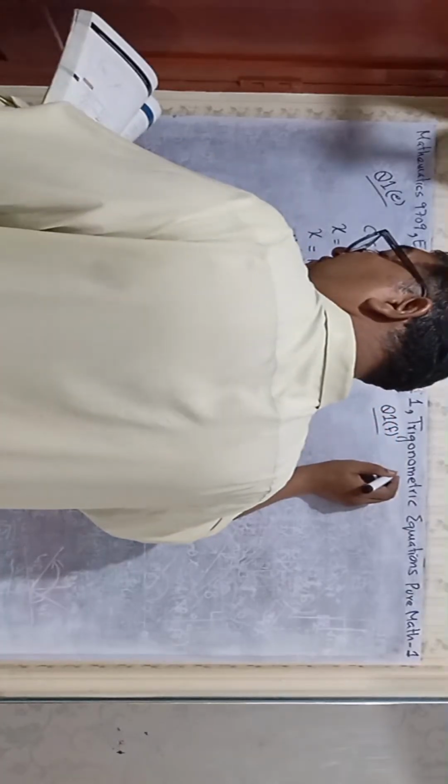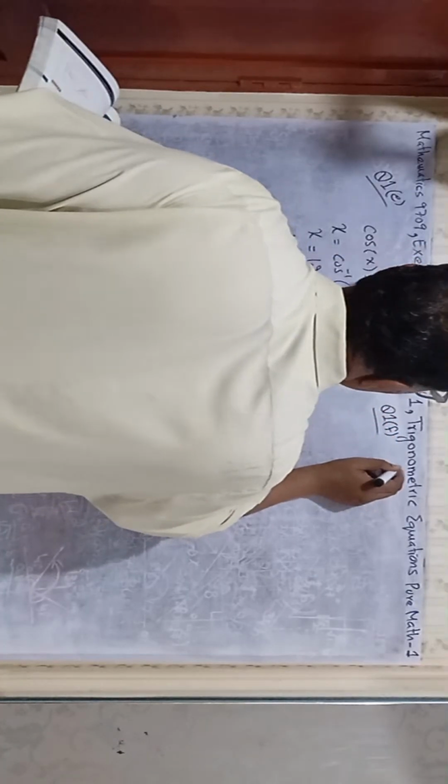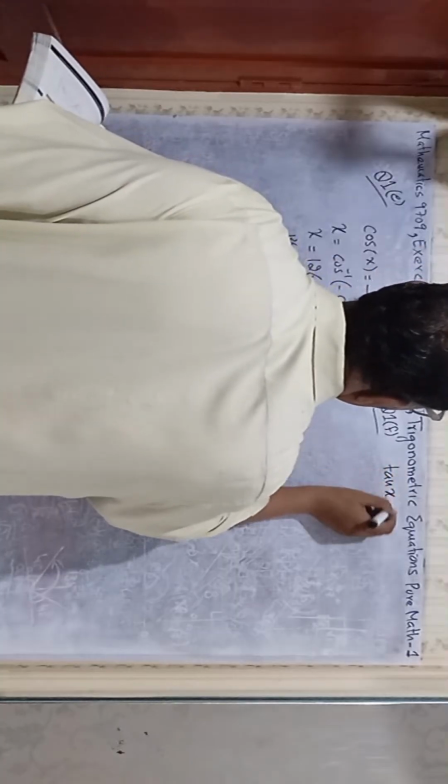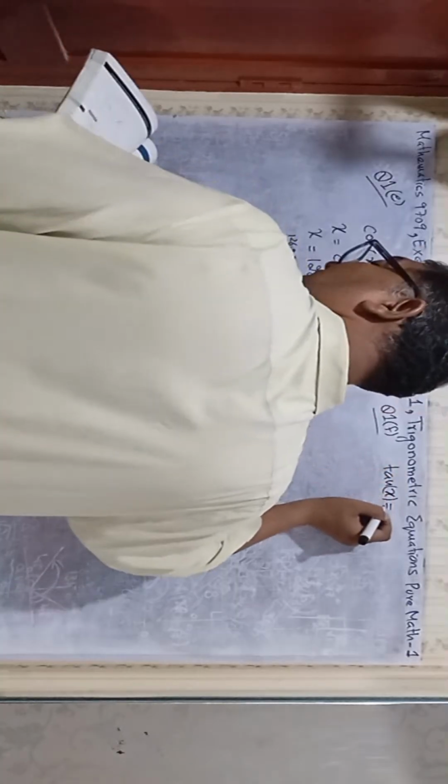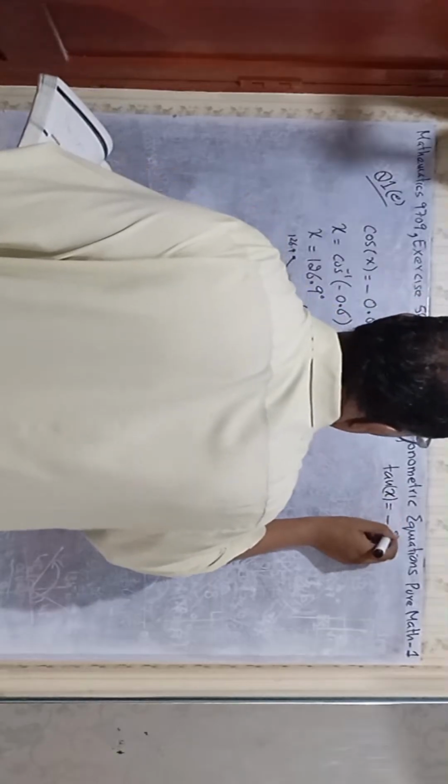Here we have tan of x. He says that tan of x is equal to minus 2.